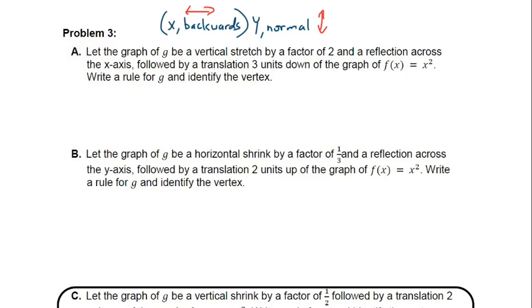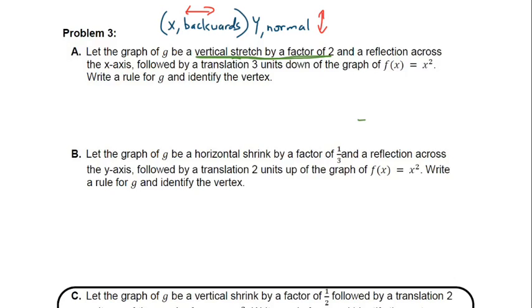Let the graph G be a vertical stretch by a factor of 2 and a reflection across the x-axis, followed by a translation 3 units down. Okay, so first things first, I'm going to find everything that's outside. A vertical stretch by a factor of 2, that's outside.